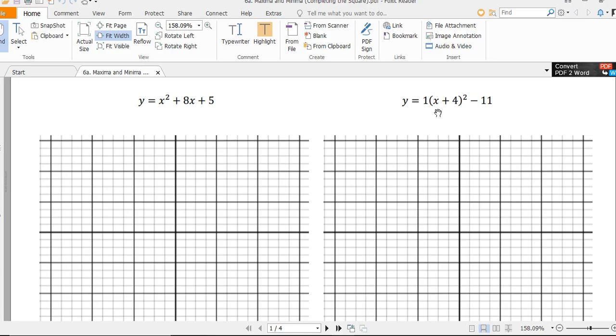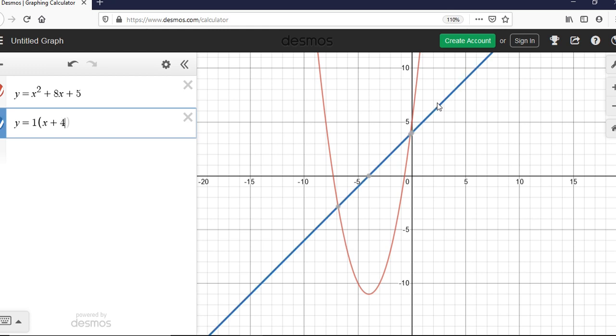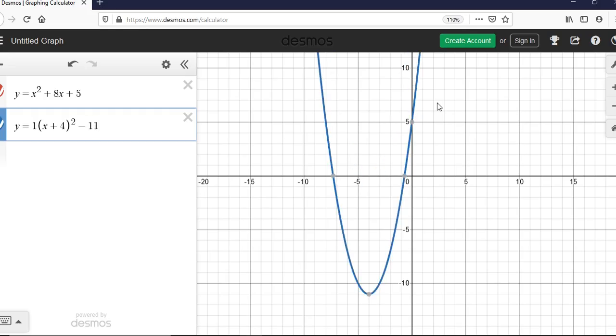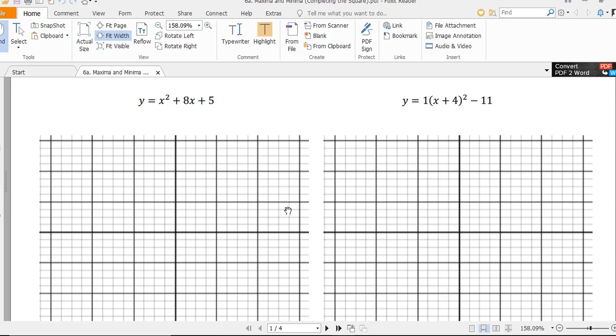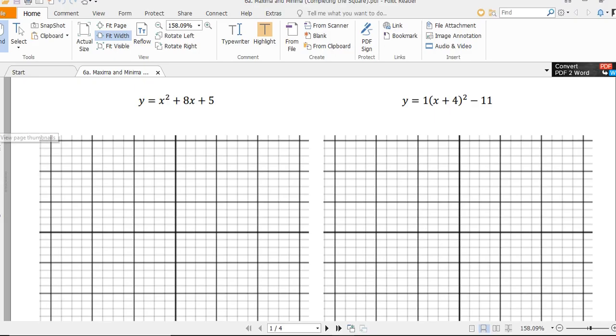Now, I'm also simultaneously going to graph the vertex form. So y equals 1(x plus 4) squared minus 11. Now, evidently, the purpose of you sketching these two was to realize that they end up being the exact same graph.